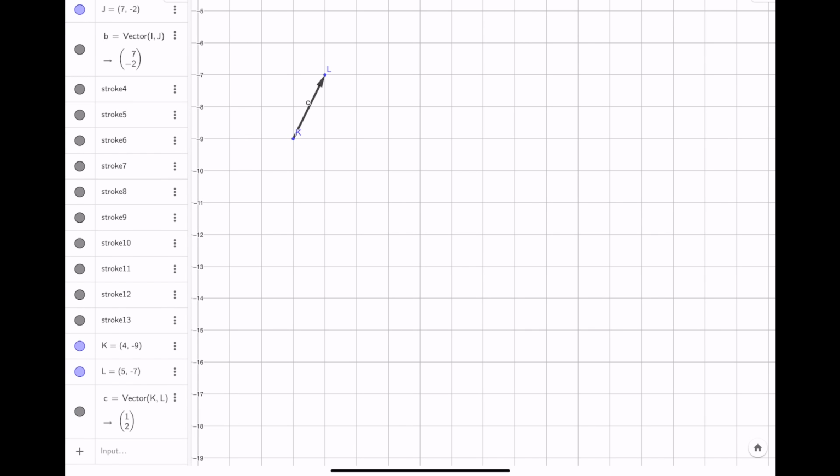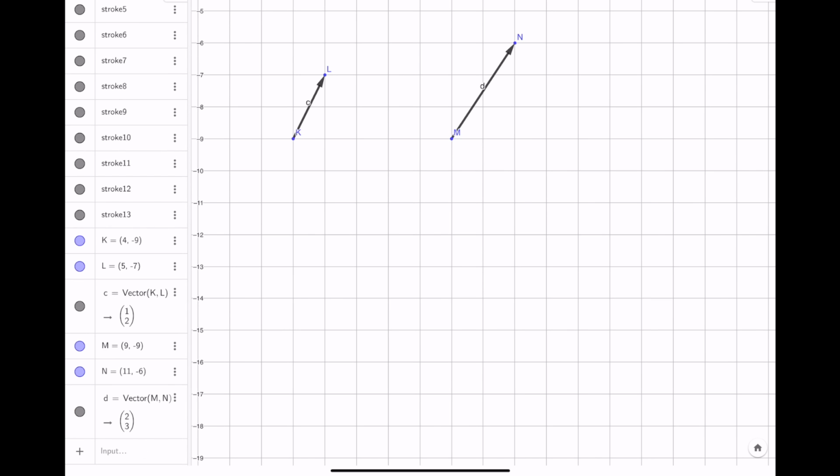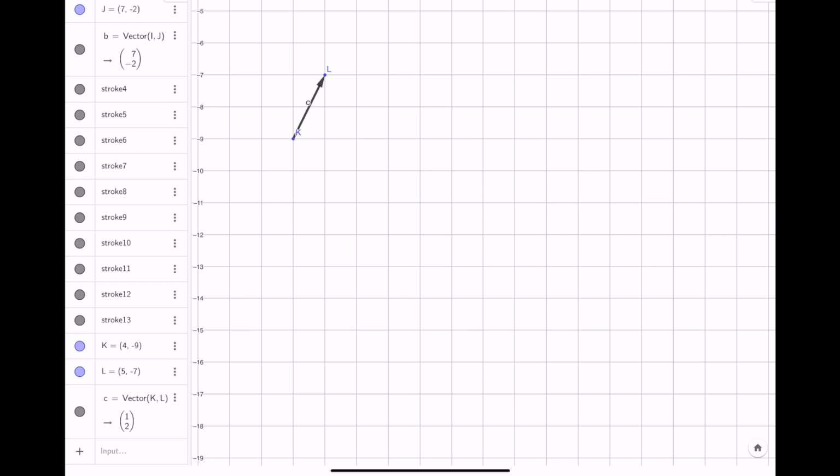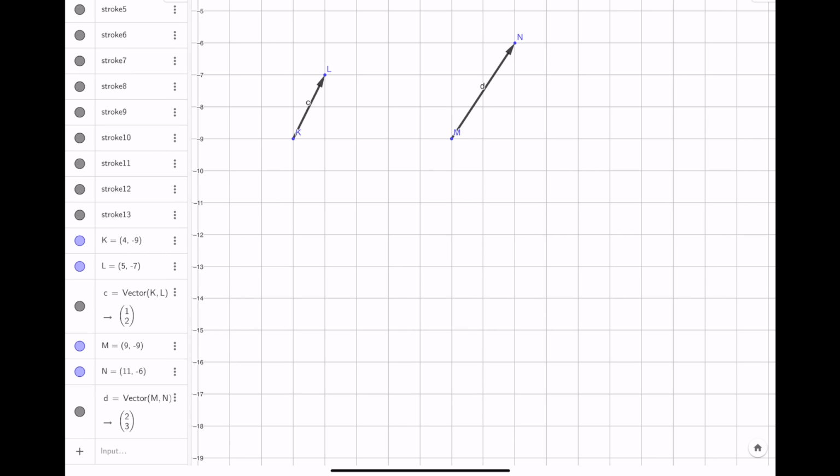This is my vector. This vector is 1 and 2, yes? And then I want the vector 2 and 3, for example from here. I go 2 units to the right, 3 units up. Do you agree? So the first one was the vector 1 and 2, the second one was this one.